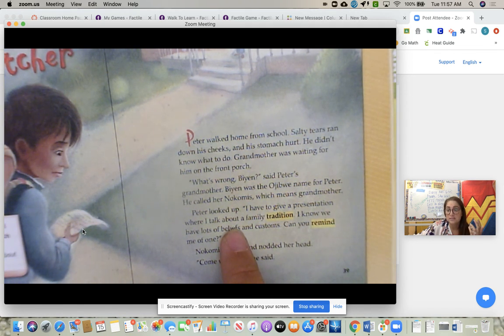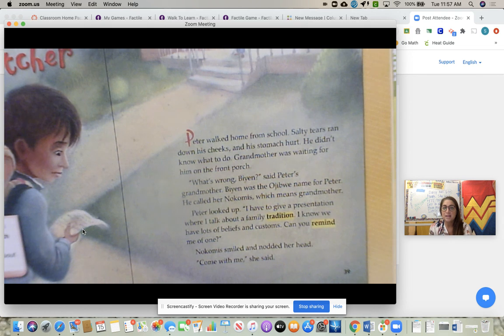He's stressing out. He doesn't know a family tradition that he has, so he's not prepared. He's anxious. And a tradition is a belief that maybe your family does. So for instance, not everyone believes in celebrating Christmas, but that might be your family's beliefs and customs. If that's your tradition, you may have a specific tradition to your family. Like, for instance, mine is my dad always reads The Night Before Christmas to us.